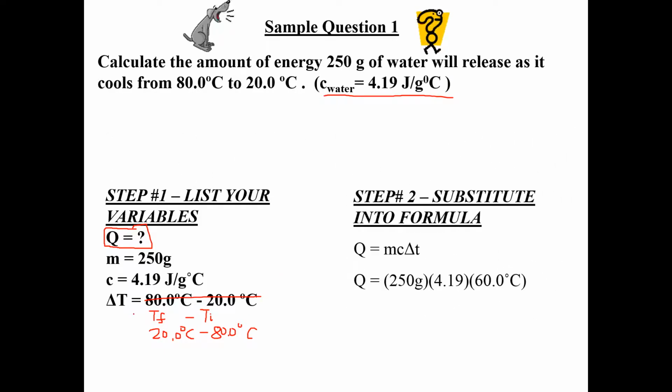This would be equal to, of course, negative 60.0 degrees Celsius. Why be afraid of a negative number? If we multiply them out, be careful, remember it's negative. So our final answer is negative 6.29 times 10 to the 4 joules.